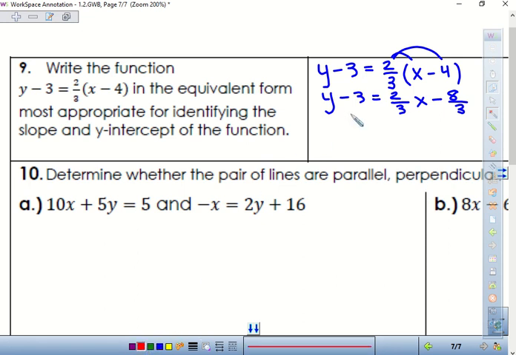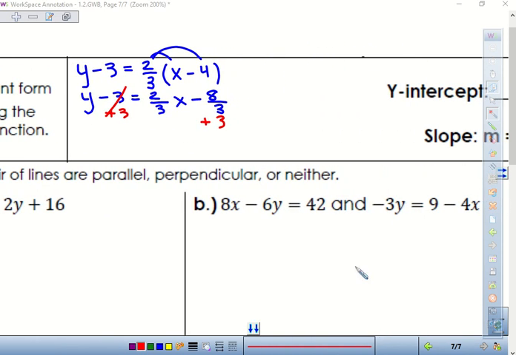I'm now going to add 3, and here's the problem. When I do that, I'm trying to add negative 8/3 to 3, so I can rewrite 3 as 9/3, right? To have a common denominator. What's negative 8 plus 9?